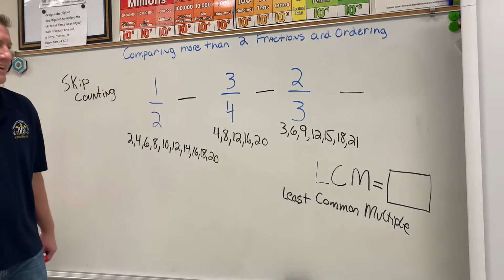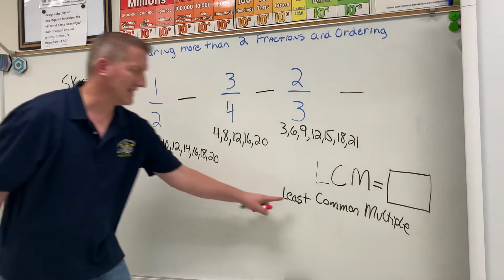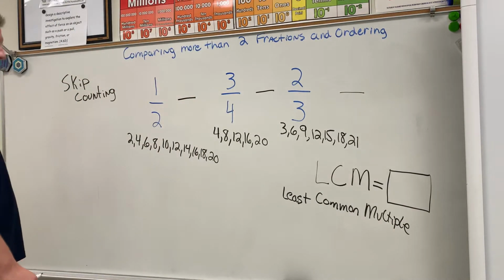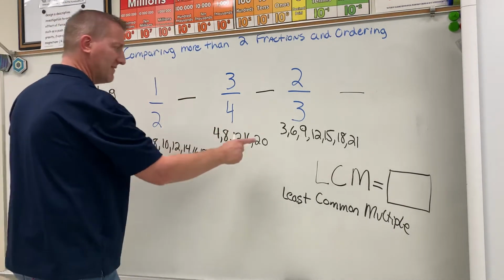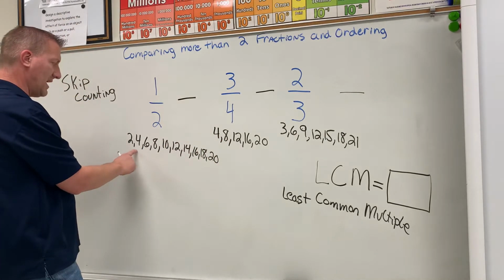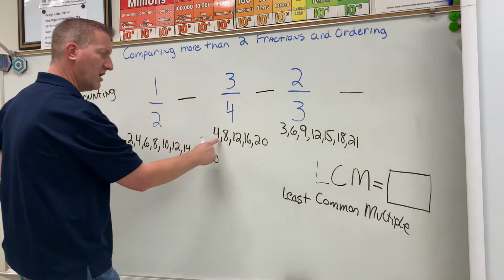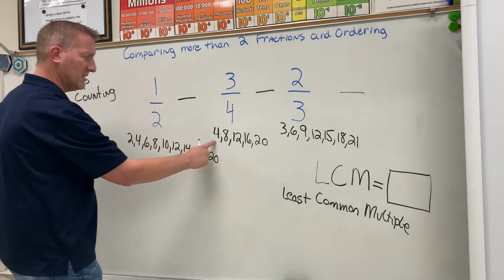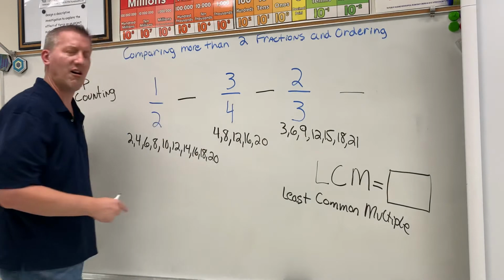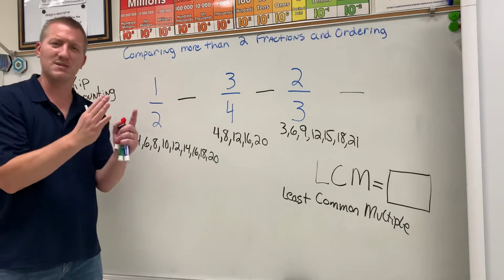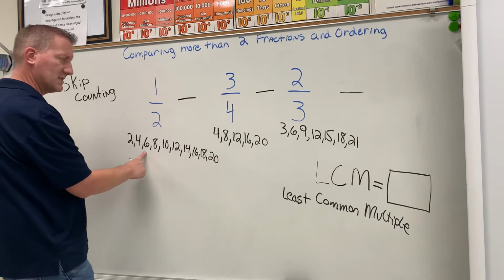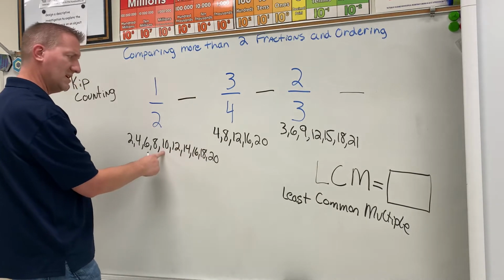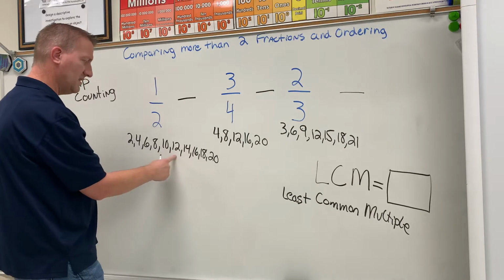Now what you want to do is find the least common multiple that they all have. You got to find one that they all have. So 4, this one has 4, this one has 4, but this one doesn't have 4. They all have to have it, but you want the smallest number. So 6, no, this one doesn't have 6. This one doesn't have 8. This one doesn't have 10. How about 12?